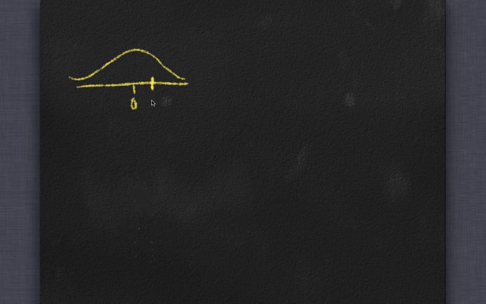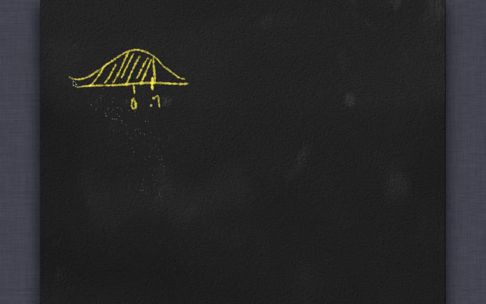If you want to know what's the area under the curve from here to here, if this is already standardized so that this is 0 and this looks like it's almost 1, so maybe 0.7, if I wanted to know this area, I'd have to use the actual function itself.